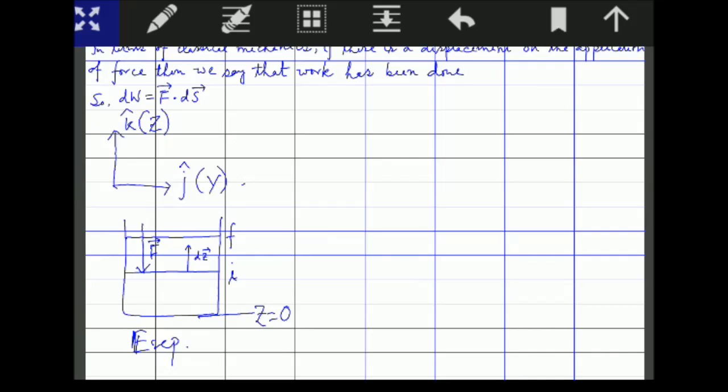When we consider the work of expansion or work of compression, always the direction of force is downward. It means according to our unit vector system, it is towards the minus k direction.